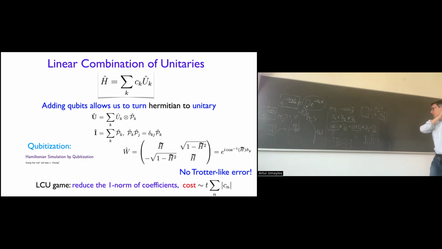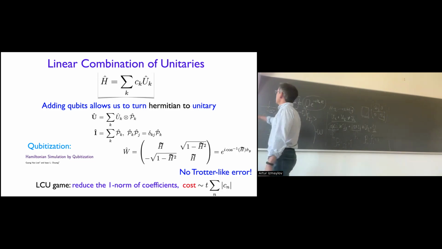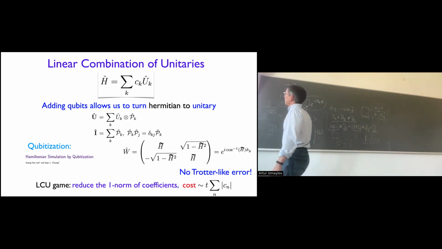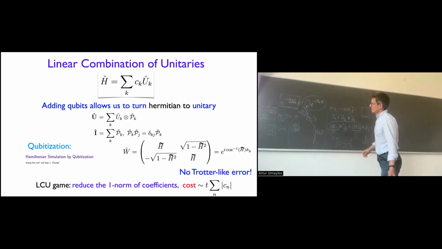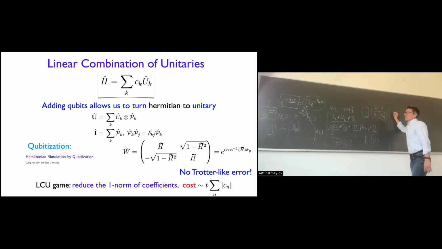So what do we have here? We exponentiate the operator that is involutory, because we know that technically sigma y squared is identity.